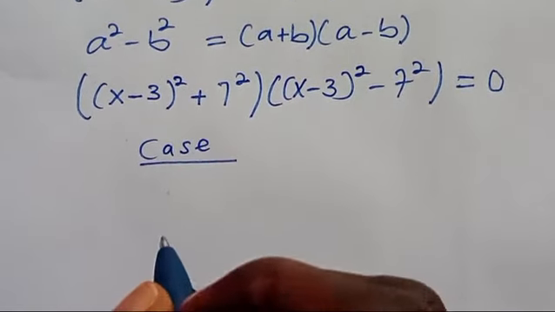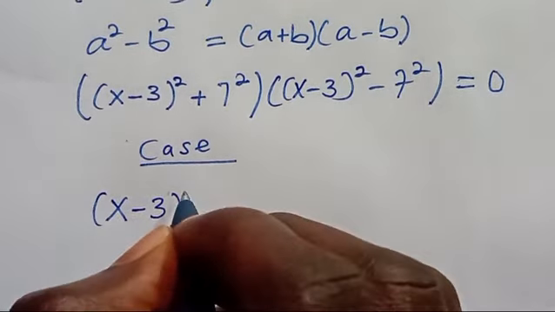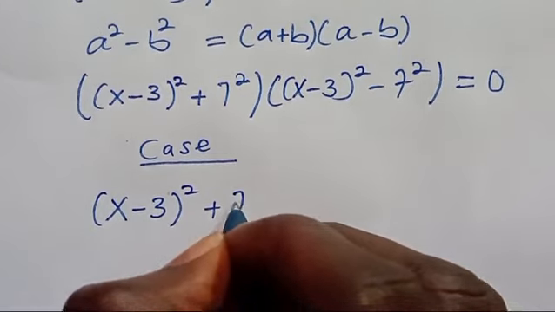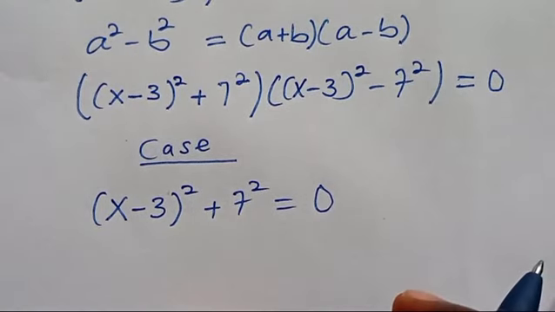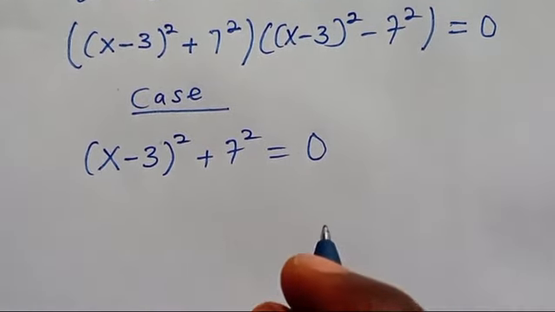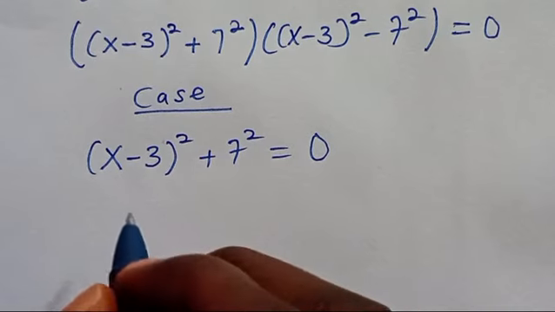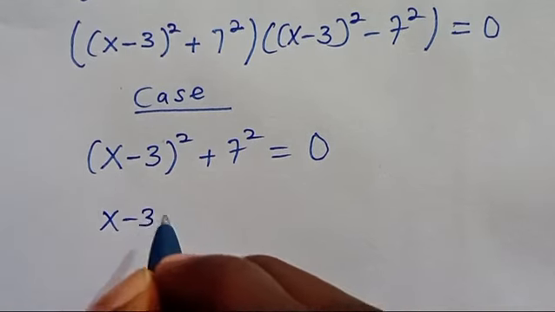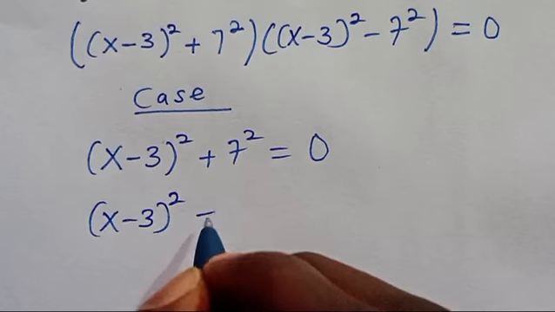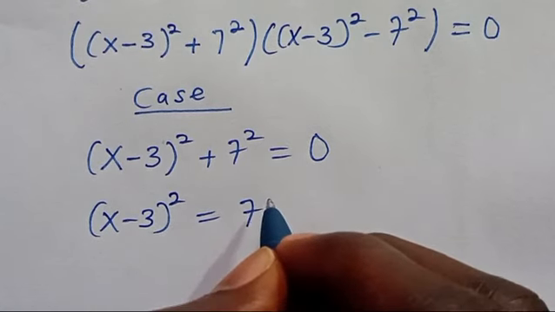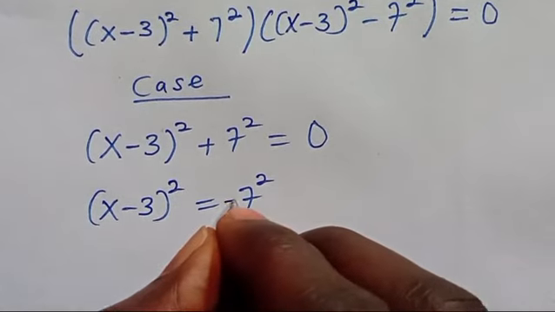From here, we have (x minus 3) in parentheses to the power of 2 plus 7 to the power of 2 equals 0. So from here, we can simply apply the expression: (x minus 3) to the power of 2 equals minus 7 squared.